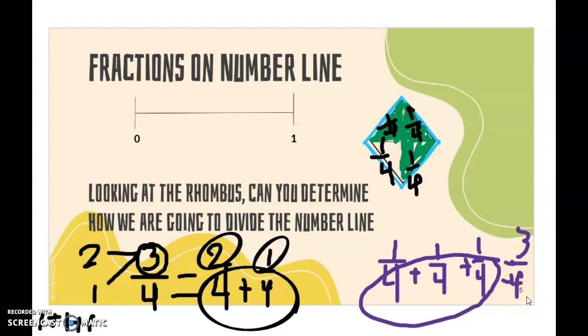Now I'm going to use this same information and show how I can plot 3/4 on my number line, using my object here that has been divided into 4 parts. So since I have 0 and 1 on my number line, I already know that I need to partition my number line into fourths because that is my denominator.